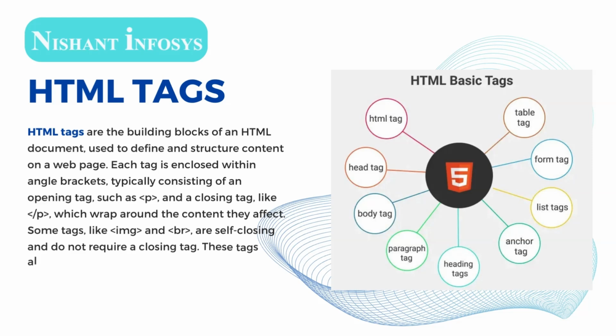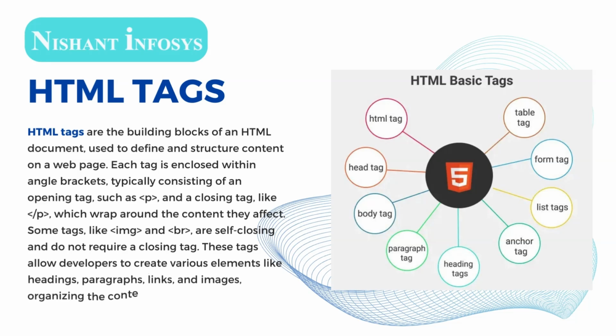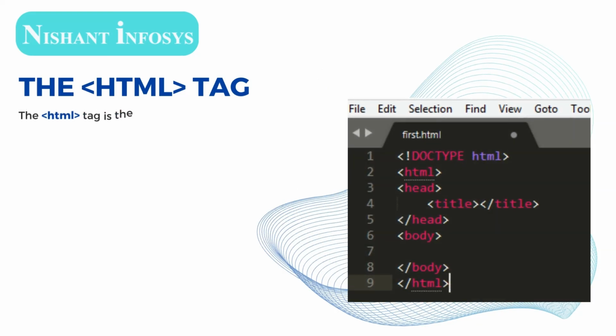Some tags, like <img> and <br>, are self-closing and do not require a closing tag. These tags allow developers to create various elements like headings, paragraphs, links, and images, organizing the content in a clear and structured manner. The first tag we will talk about is the HTML tag.